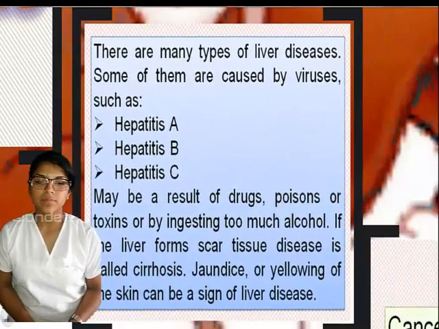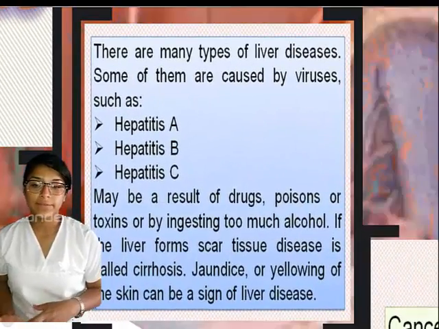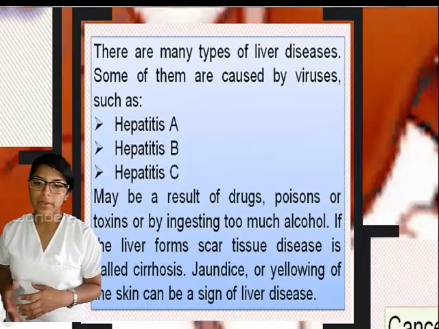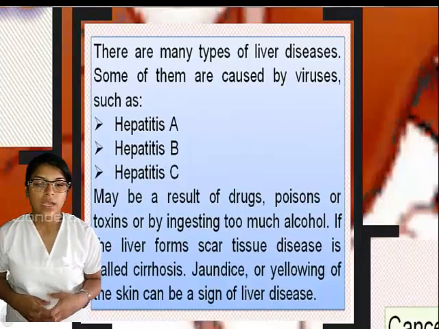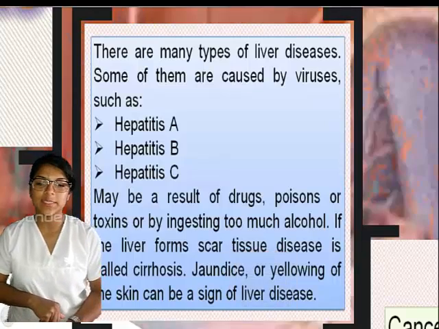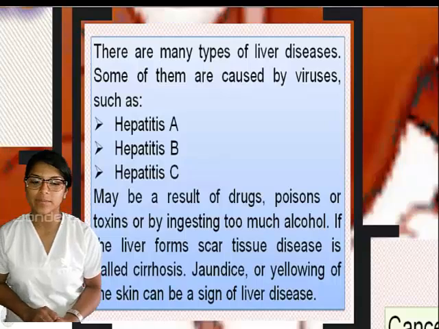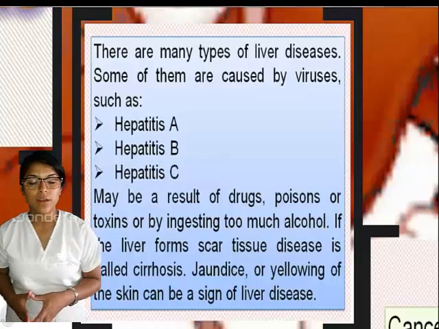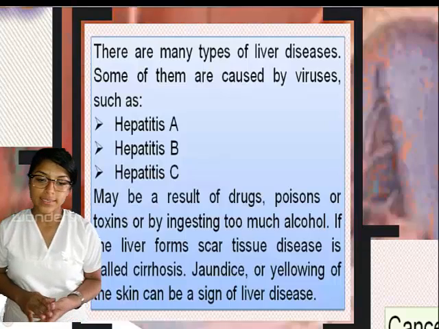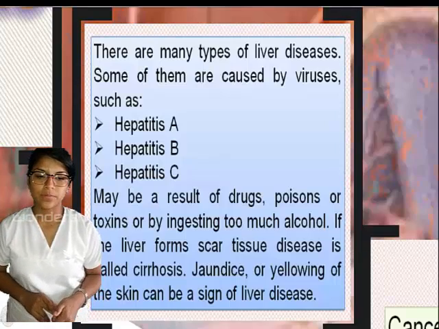Disease. There are many types of liver disease. Some of them are caused by viruses such as hepatitis A, hepatitis B, and hepatitis C. It may be a result of drugs, poisons or toxins, or ingesting too much alcohol.